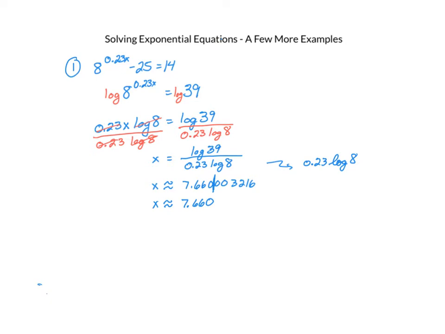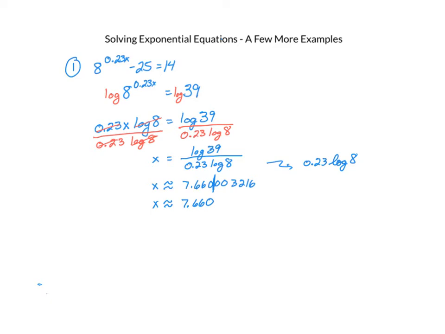Let me talk briefly about entering this in on your calculator. There are a variety of calculators out there, so the way that you would enter it can be different on different calculators. But do make sure that you notice the log of 39 is in the numerator, and both the 23/100ths and the log of 8 are in the denominator, and a product in between.